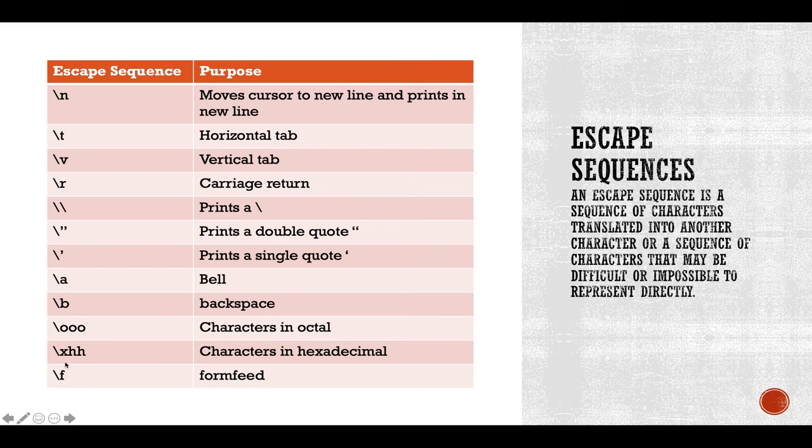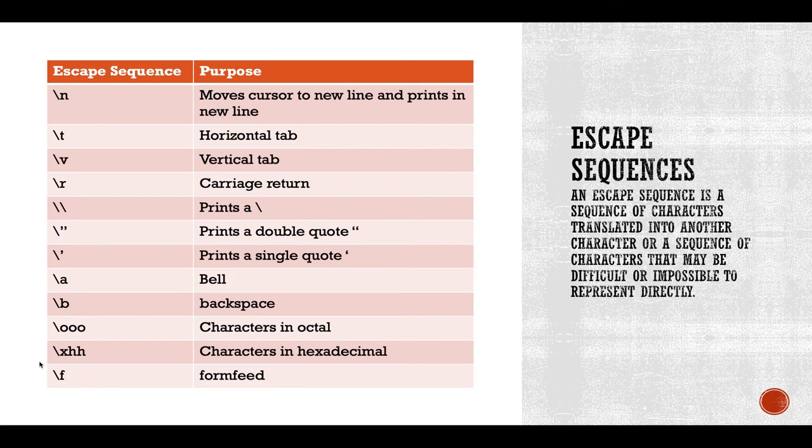Then there are some others which could work on your system, like \a for the CPU bell, \b for backspace, \O for octal characters, \xhh for hexadecimal character, and \f for form feed.